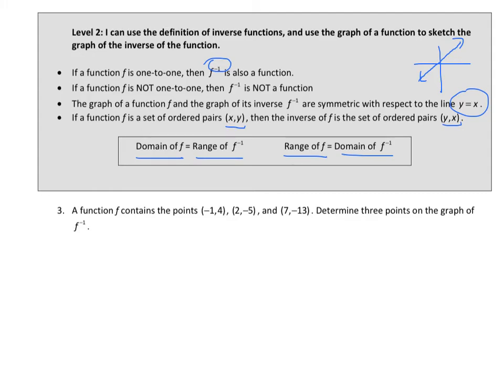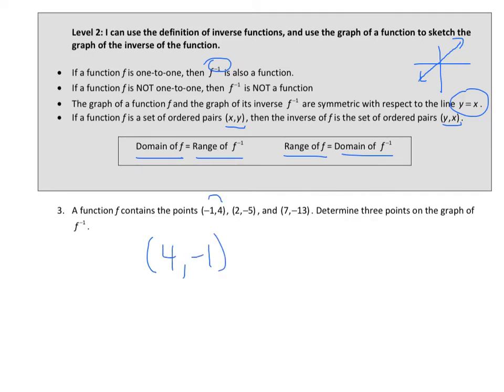Okay, so to apply this in an example, looking at number 3, a function f contains 3 points. Determine 3 points on the graph of f inverse. All we have to do is switch the x and y's around. So for this first point, instead of negative 1, 4, we would have the point 4, negative 1.